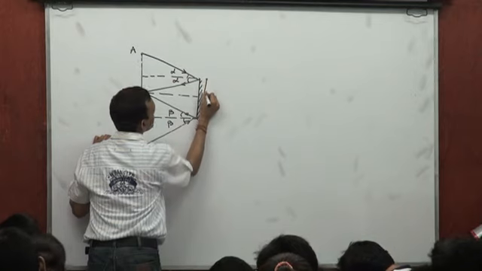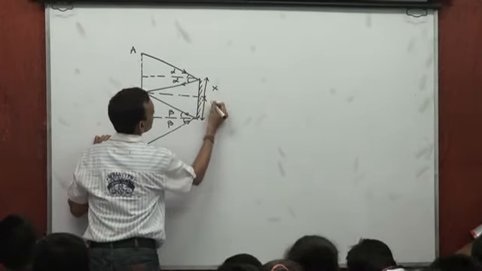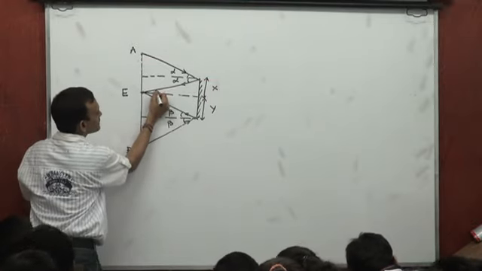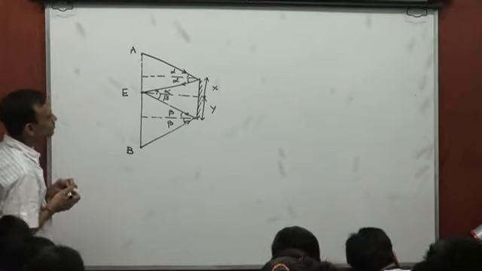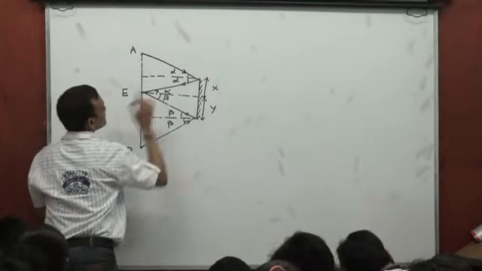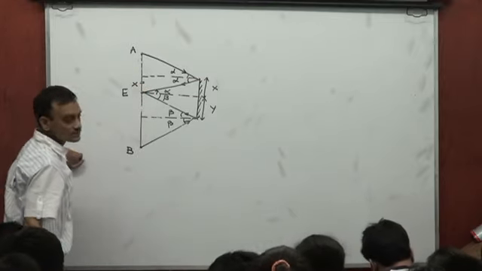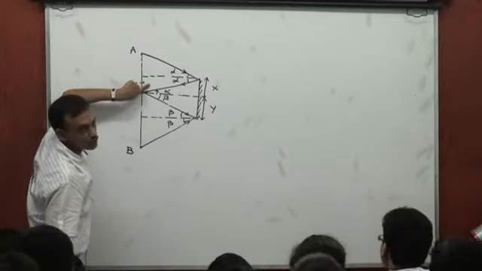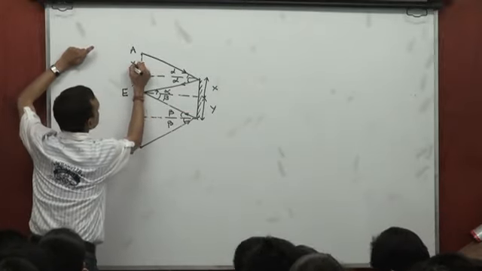And if this length is x, this length is y, again realize that this angle is alpha, this angle is beta, alternate angles. So if this is x, this is also x, and these two triangles are congruent, so this is also x.